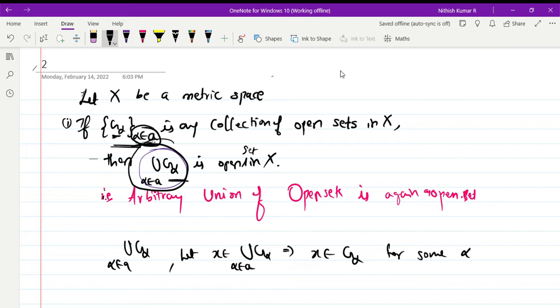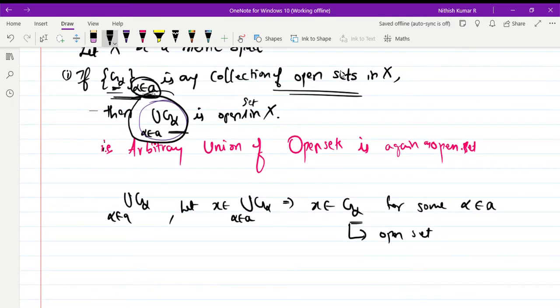So for some alpha belonging to A. Now what do you know about G alpha? This is a collection of open sets, therefore G alpha is an open set. Now x is a point in an open set, therefore x is an interior point of G alpha.